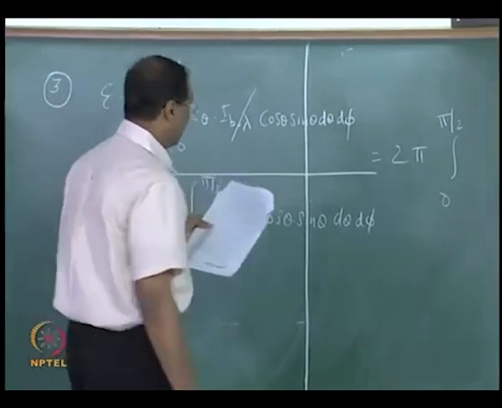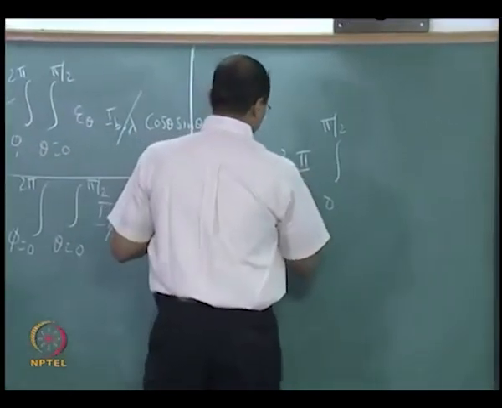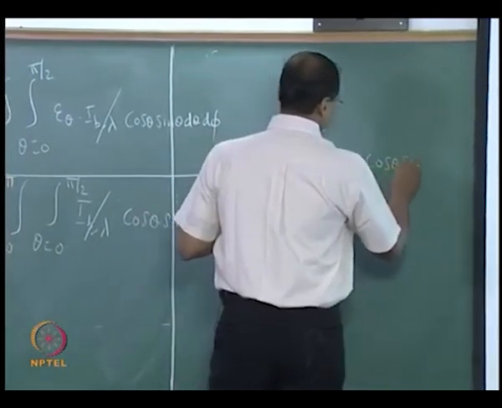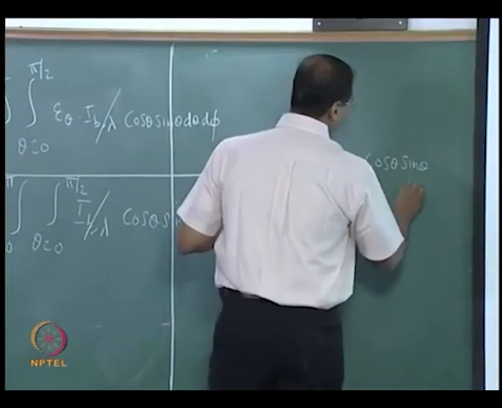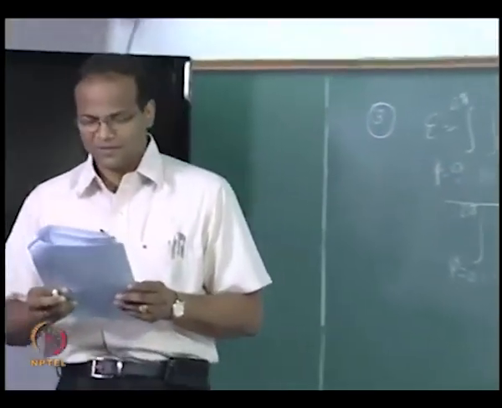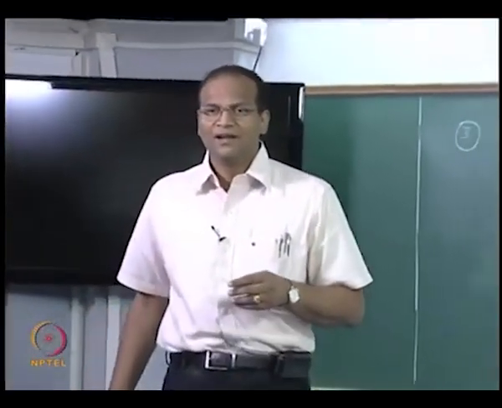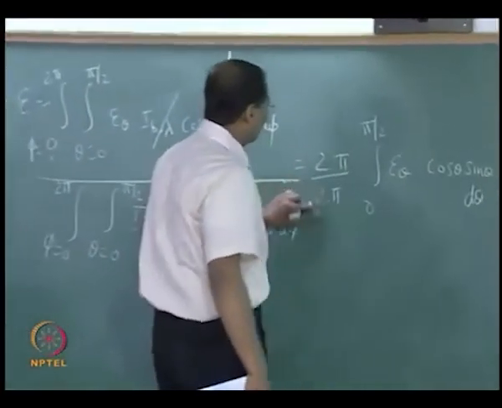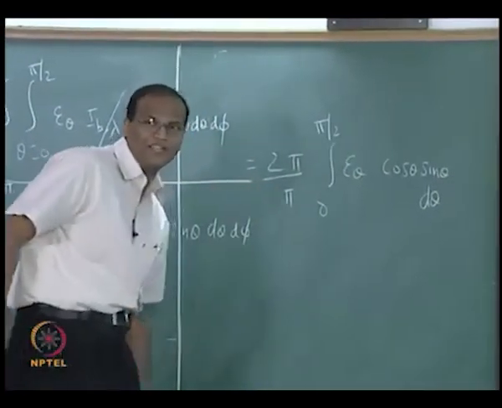You get a 2 pi in both the... I am making a mistake. Ah, there is only one pi in the denominator because it is solid angle, pi steradian.